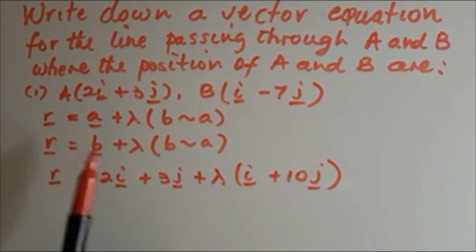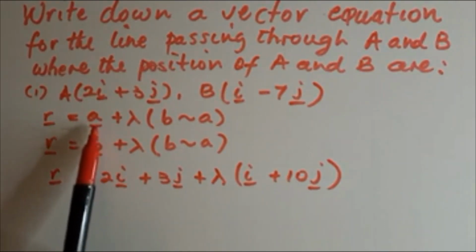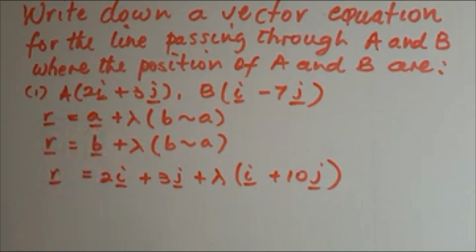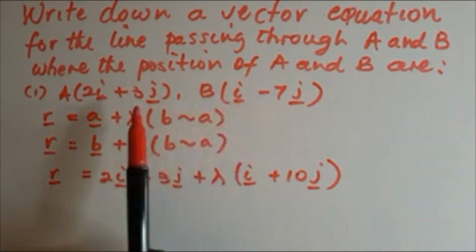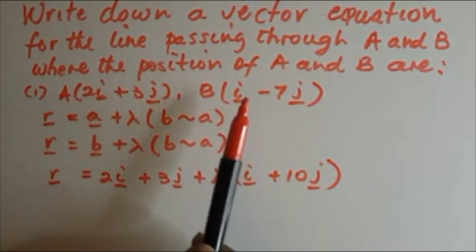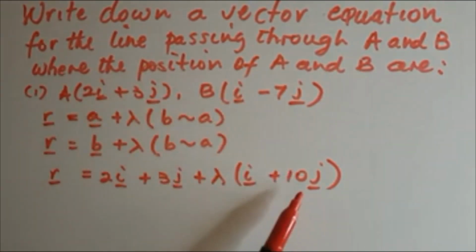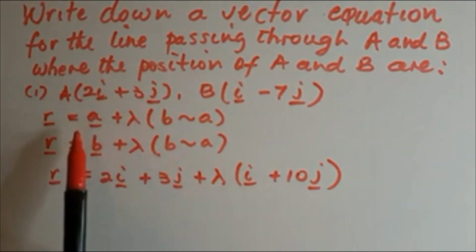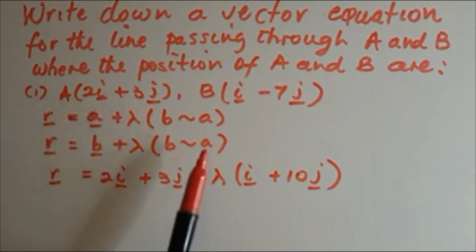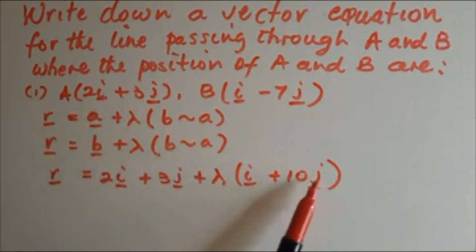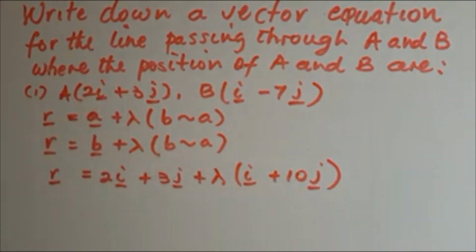We've used this form here, so it's the position vector a, which is 2i + 3j, and what we've used here is 3 minus -7, which gives us 10j, and so we're using A minus B for the direction vector d.